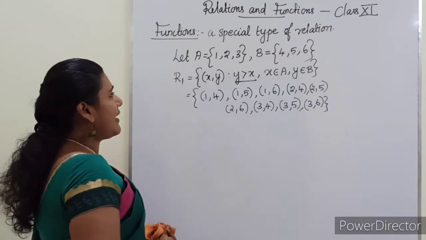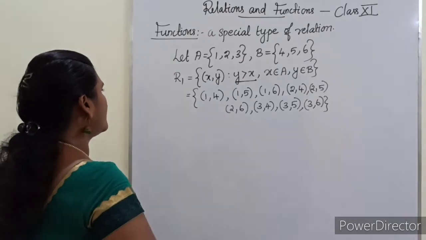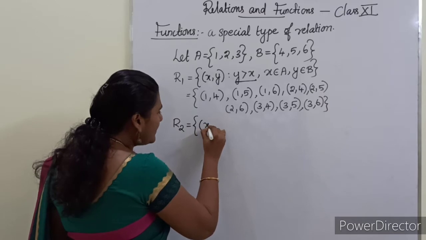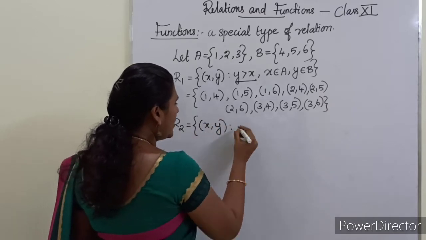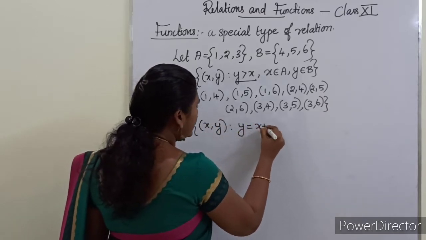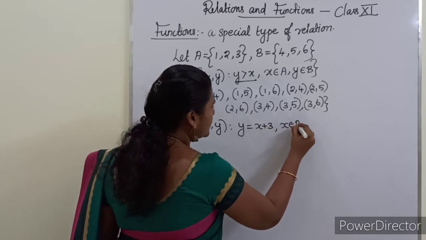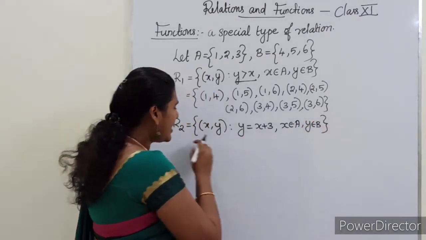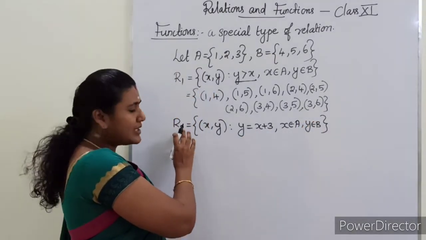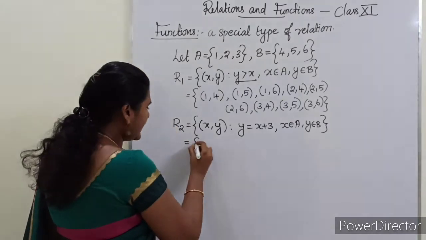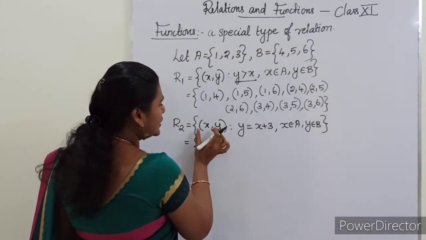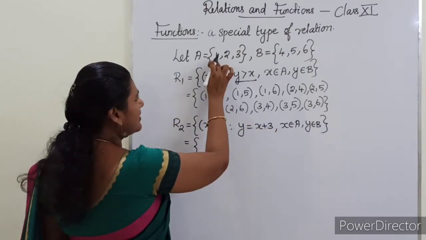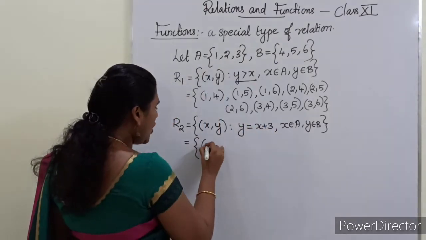Now we are going to define another relation R2. R2 is equal to the set of all ordered pairs (x, y) such that y is equal to x plus 3, where x belongs to A and y belongs to B. We will start with the first element of set A, 1.